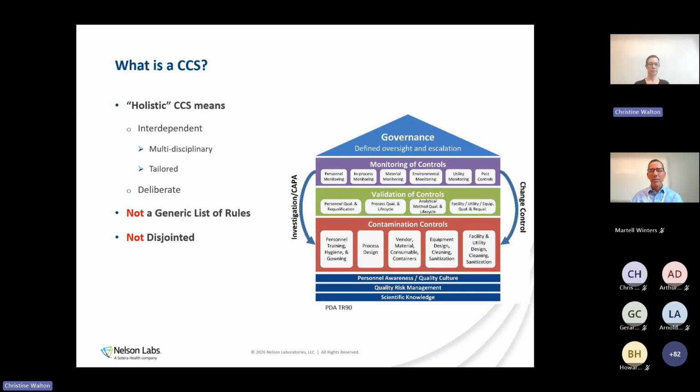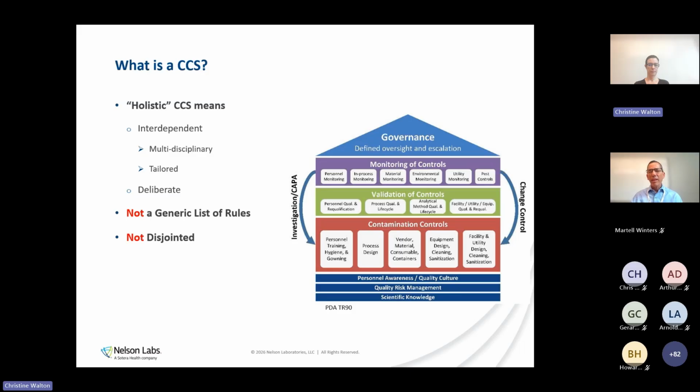This diagram here is from PDA Technical Report 90, and the concept is that a contamination control strategy should be what we call a holistic approach, meaning that we don't just have a disjointed list of things that are of microbiological concern, but that we have each of them in place intentionally to meet a specific need, and that it's part of an overall program, not an isolated topic.